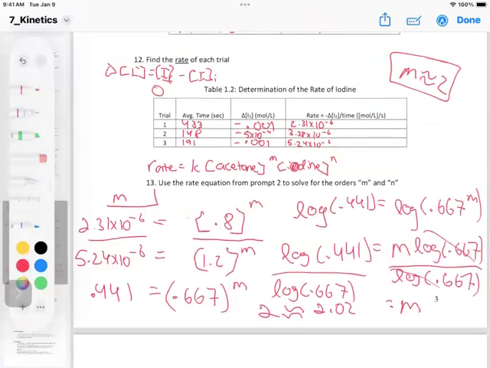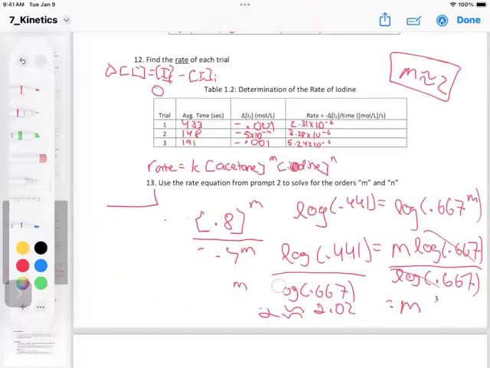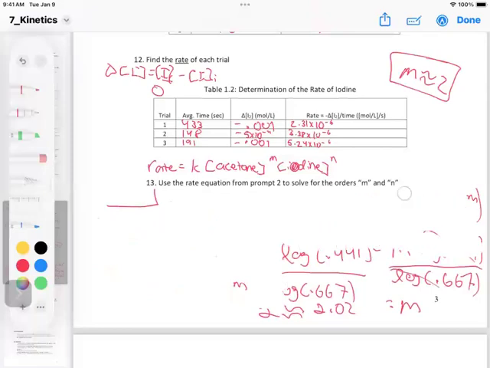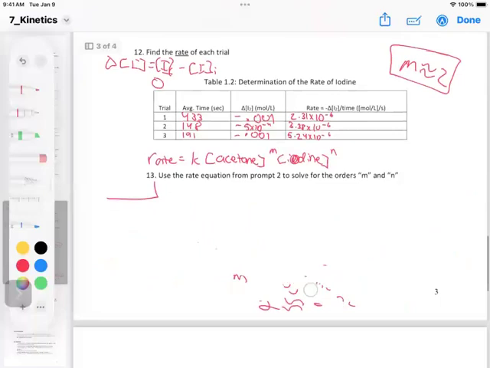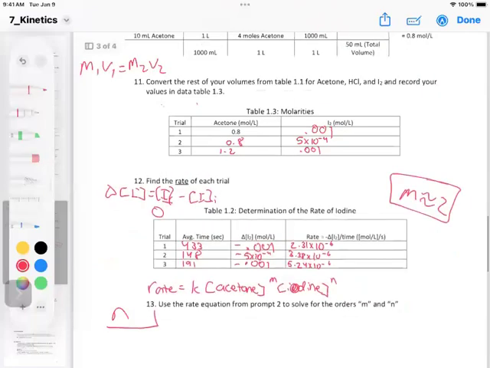And now we'll do the same thing to solve for n. So for n, which trial did we change?